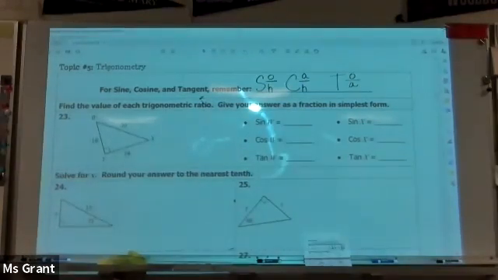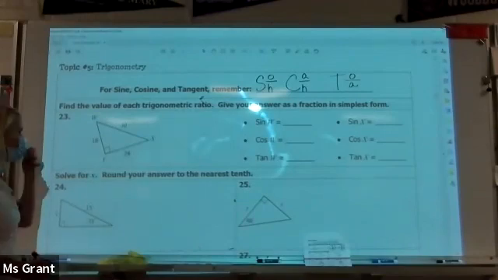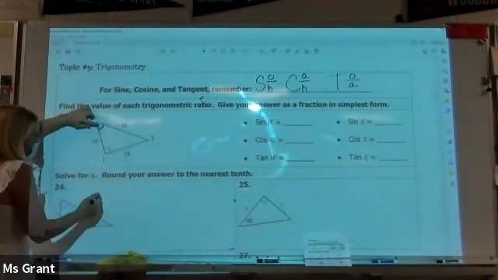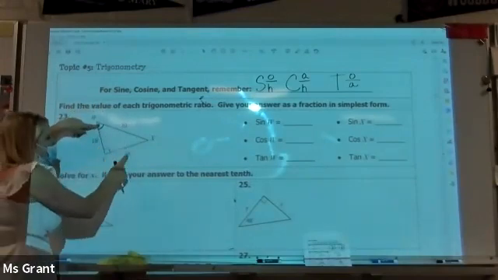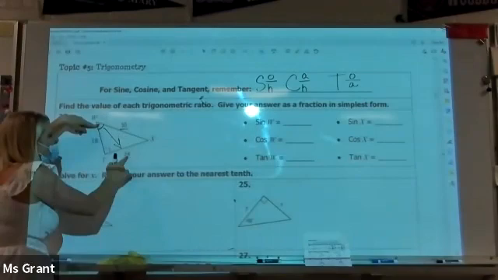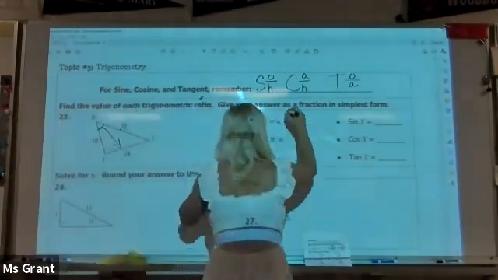So sine of W is angle W right here. I do the opposite side over the hypotenuse, 24 over 30.